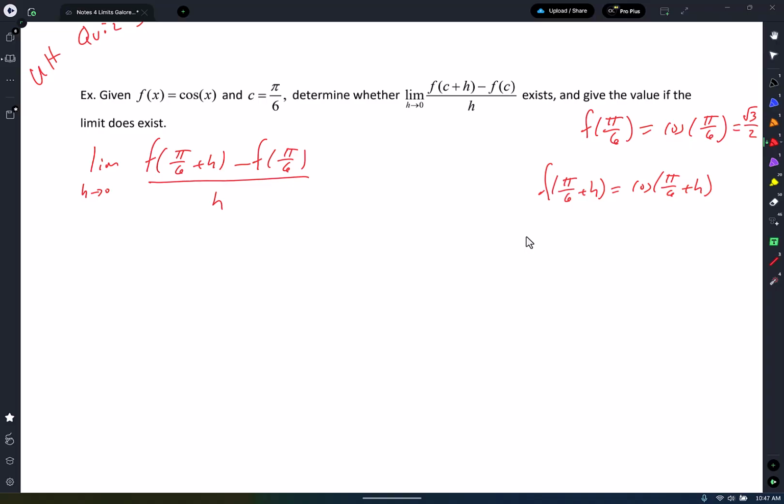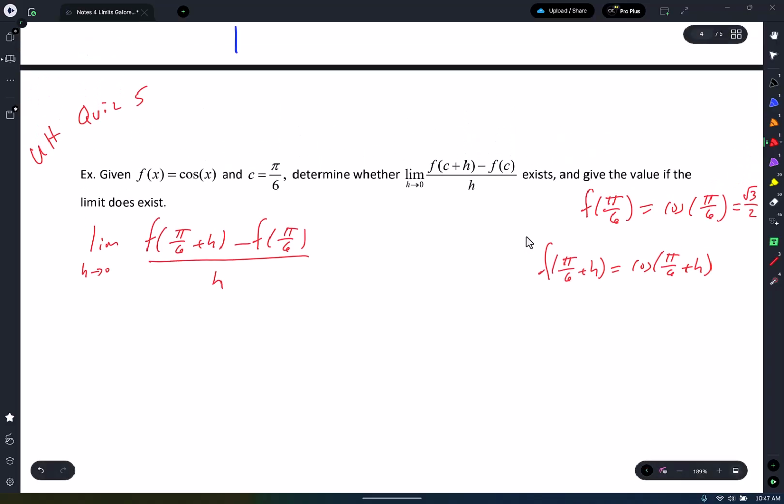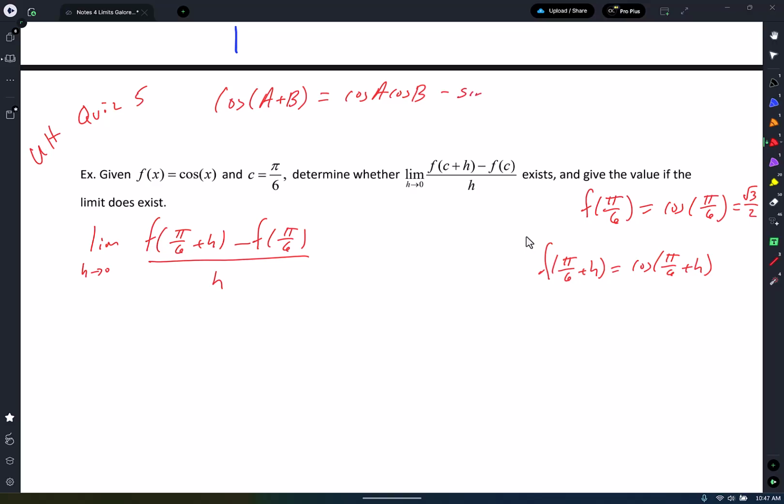Do you remember what cosine A plus B is from last year? Cosine A, cosine B, minus sine A sine B. Yes, that's what I need. Here we go.